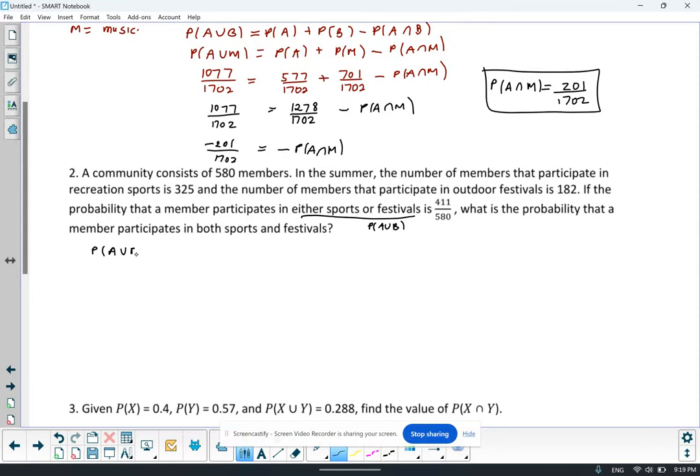So immediately when I hear that, I write out the general addition rule, which again you need to memorize. So the more you write it down correctly, the better it gets in the brain. Specifically, I'm going to use S as sports and F for festivals.